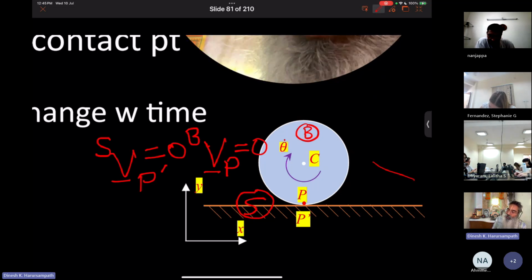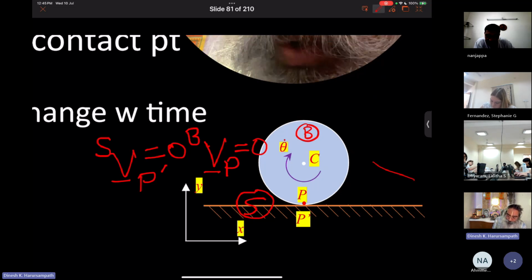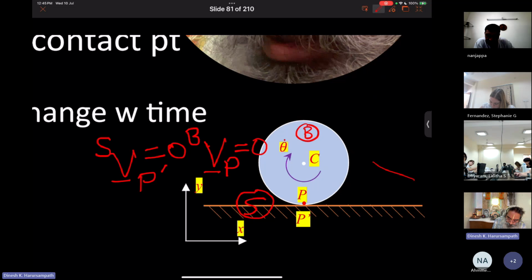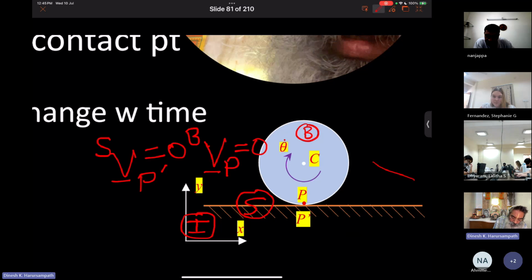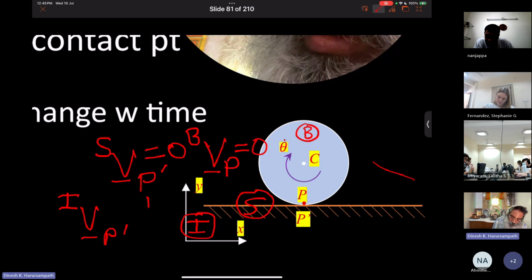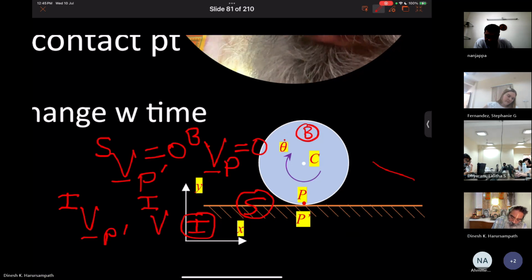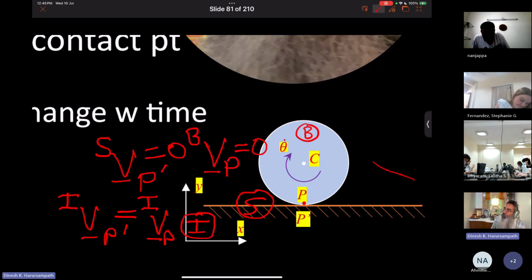But what we are talking about now is the relative velocity. For that, it's okay to take it with respect to this inertial frame of reference, I. So I can talk of the velocity of P prime and the velocity of P in I, and I'm essentially saying that these two are equal to each other.